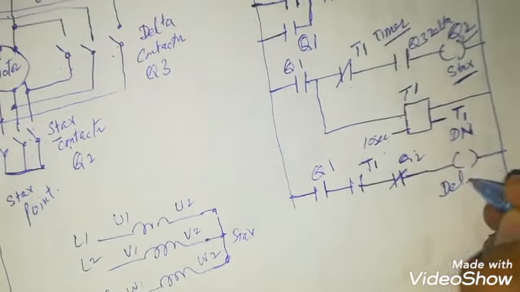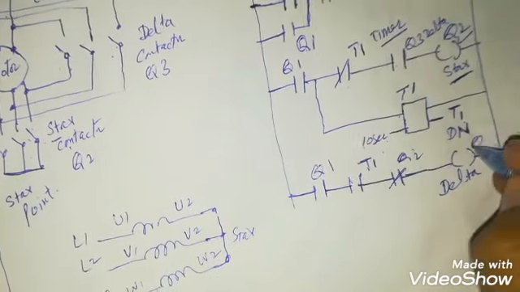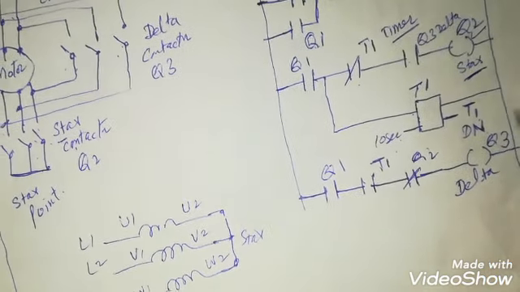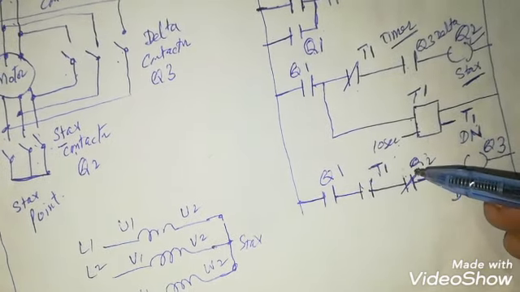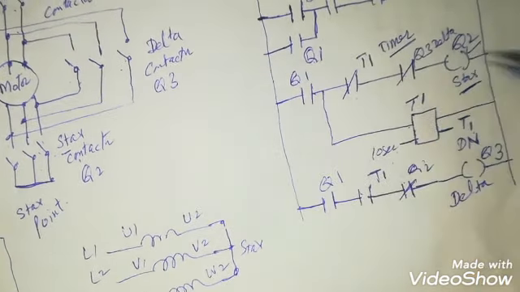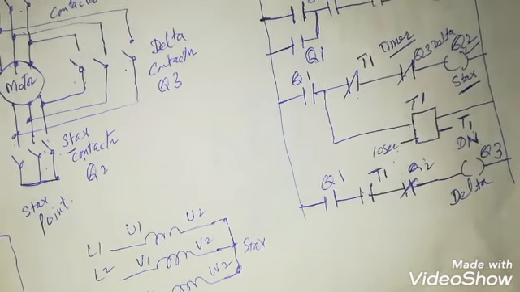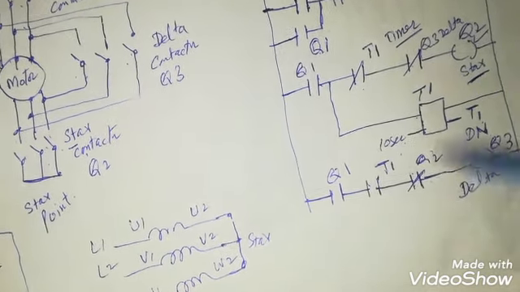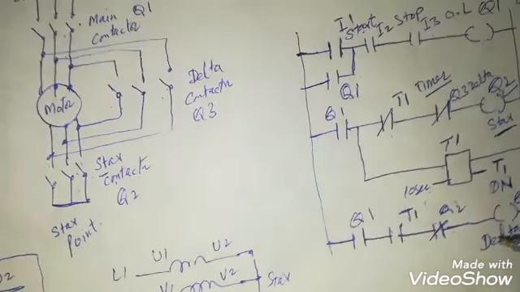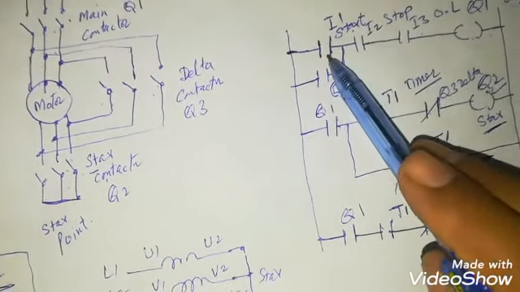So Q1 must be high, T1 must be done, Q2 must not be energized, Q2 is normally closed, and Q3 is also normally closed. For safety we are using its normally closed contact. So our delta contactor will energize.